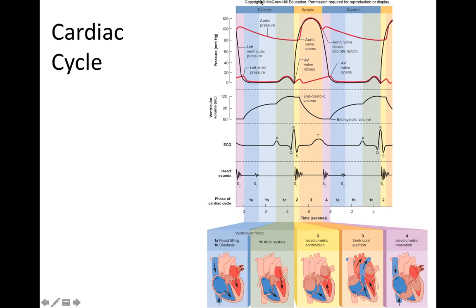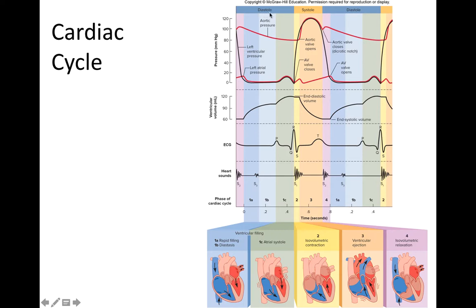So we're going to start right here with this blue line. So right there, okay? This is the start of a cardiac cycle. And at this point, where we're going to start, the heart is in what's called a diastolic phase.